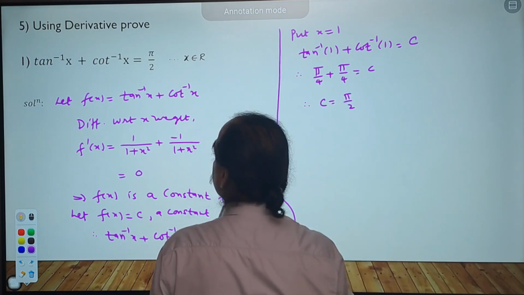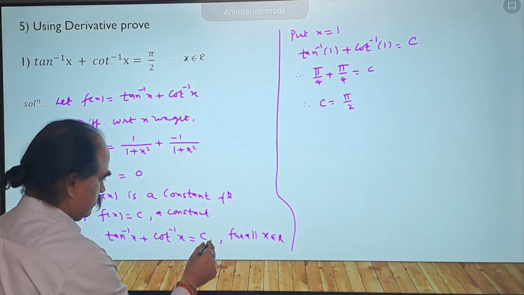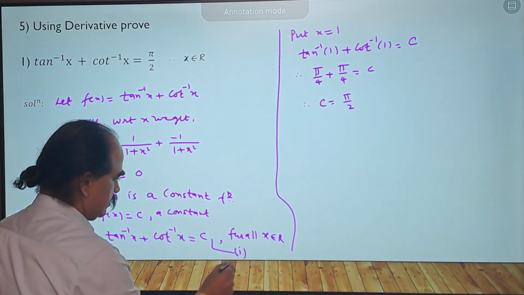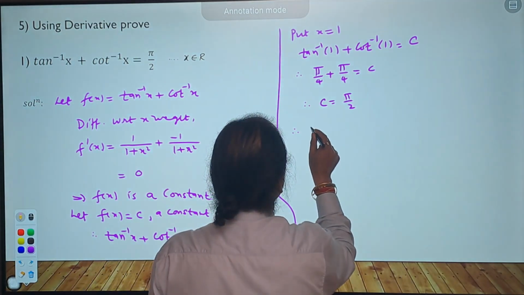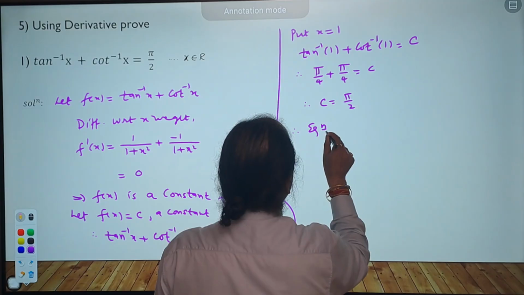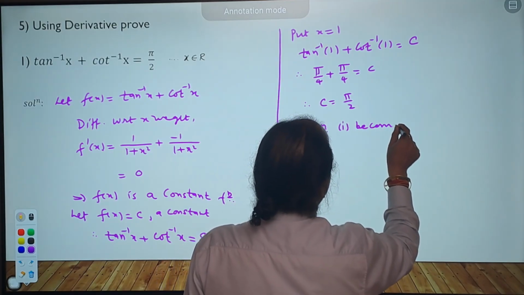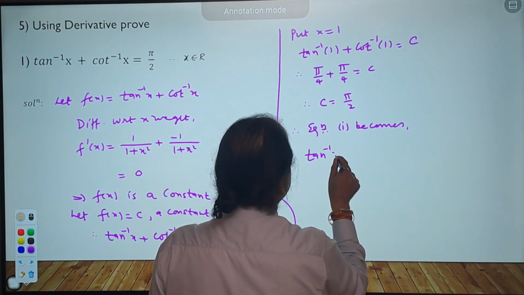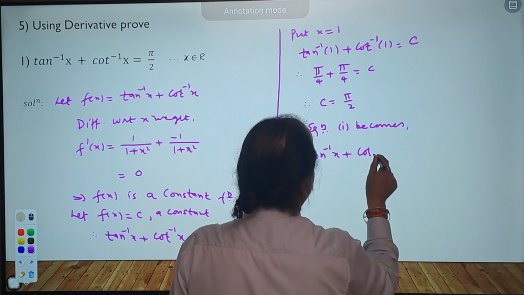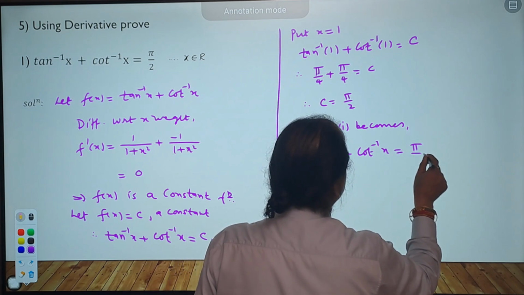Pi by 2. Write this as equation number 1. Therefore, equation 1 becomes tan inverse x plus cot inverse x is equal to pi by 2.